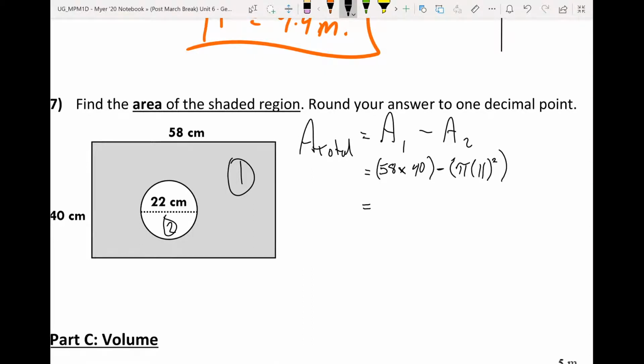All right, equals. Okay, this time I'm going to use the pi button, which I would always recommend doing as opposed to typing in 3.14. It just gives you a more accurate number. So I'm going to do 58 times 40, and I get 2320 subtracted by, and I'm going to go pi times 11 squared, and I get 380.1.